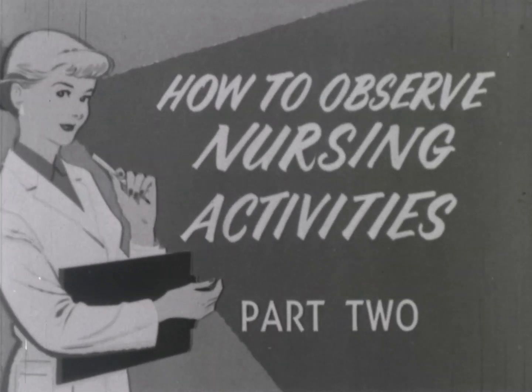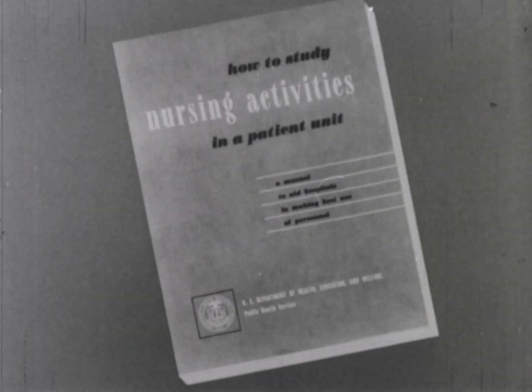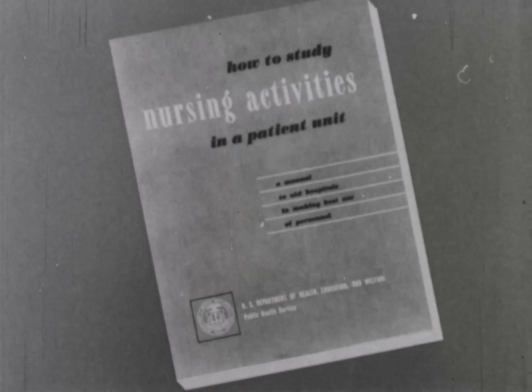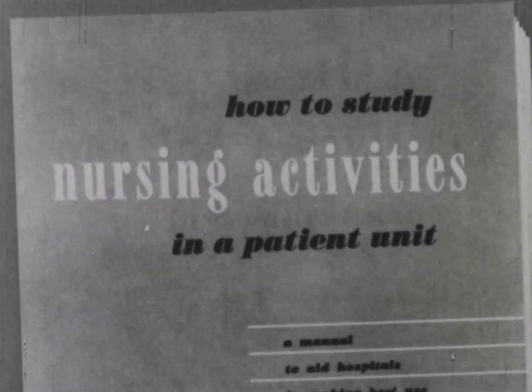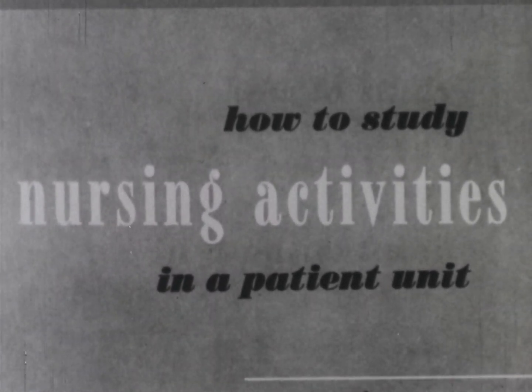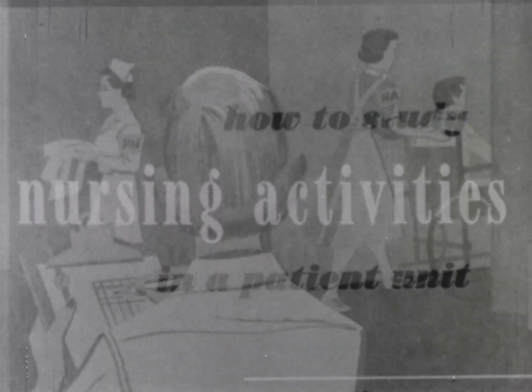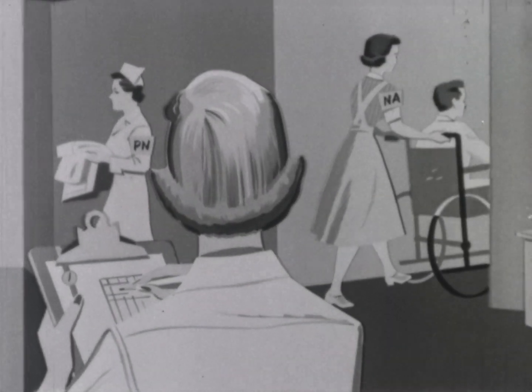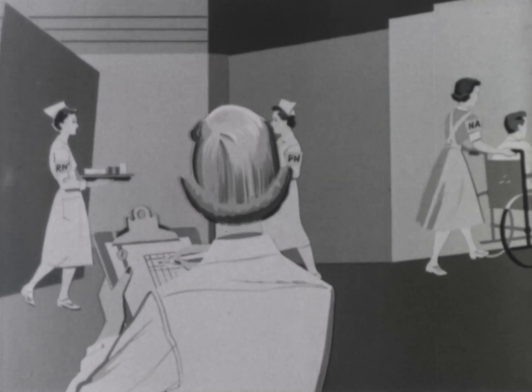This is the second part of a two-part film demonstrating observation techniques described in the Division of Nursing Resources Manual, How to Study Nursing Activities in a Patient Unit. In part one, we observed the activities of various kinds of nursing personnel.